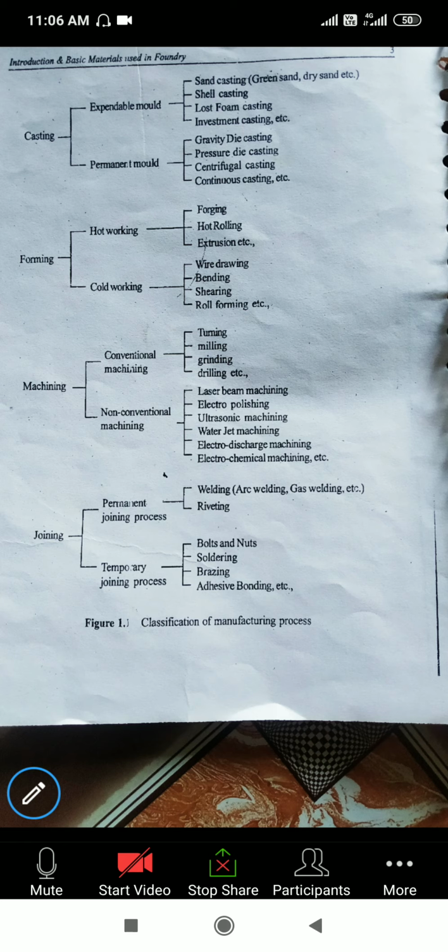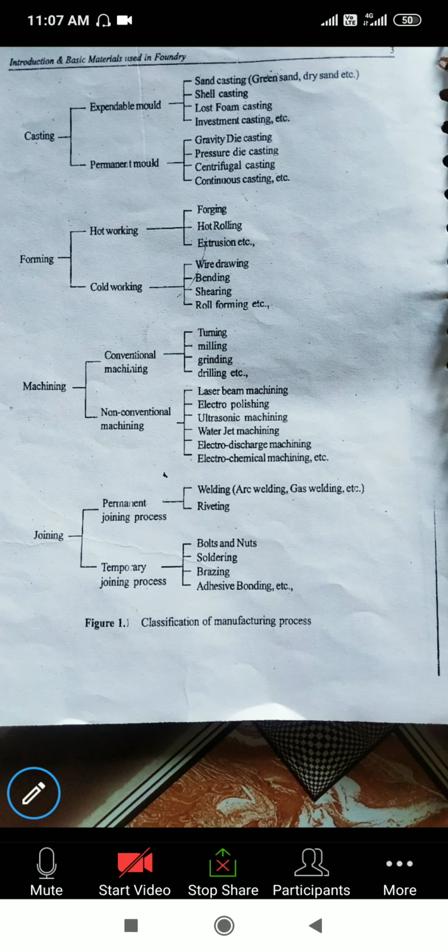For example, if you take sand, it can be expanded from a small size to a maximum, larger size. The sand can be used that way, but in the permanent mold, the die is made of metal or any other object.